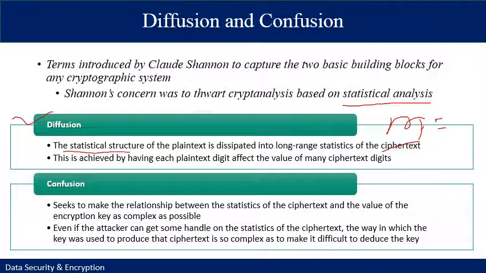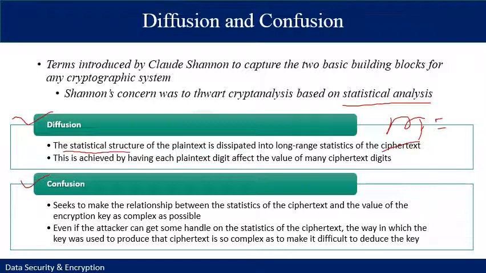On the other hand, confusion seeks to make the relationship between the statistics of the ciphertext and the value of the encryption key as complex as possible. So even if the attacker gets some handle on the statistics of the ciphertext, the way in which the key was used to produce that ciphertext is so complex as to make it difficult to deduce the key.